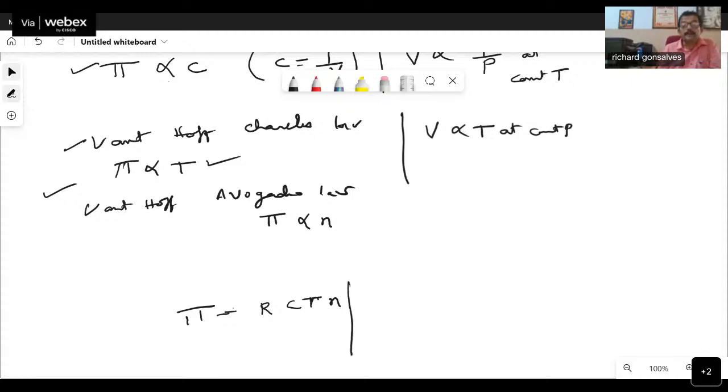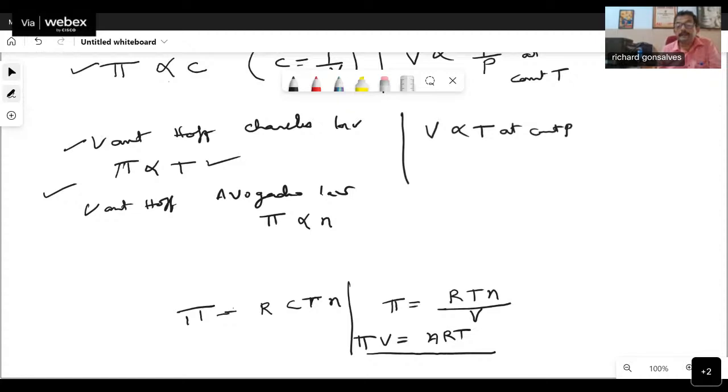Is it not very similar? Pi is equal to nRT divided by V, since C is 1 by V. If you write this, pi V is equal to nRT. Check. This is the ideal solution equation.